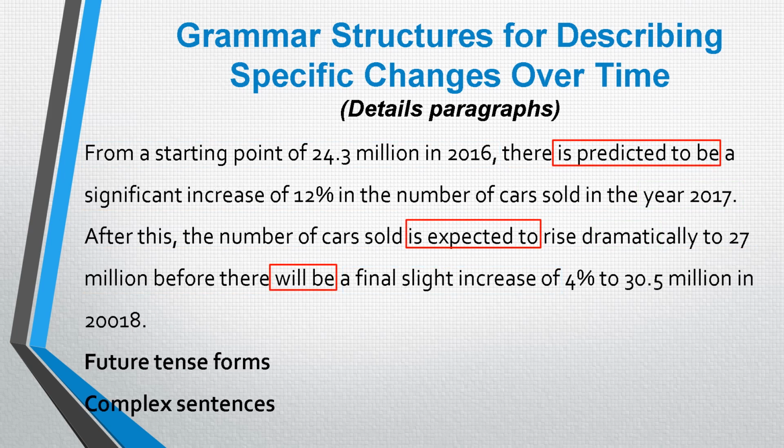If we were to be talking about the future, then we'd simply alter the tense of the sentences, and we could do that like this. Could change it to saying there is predicted to be, and the number of cars sold is expected to rise, and 27 million before there will be a final slight increase.